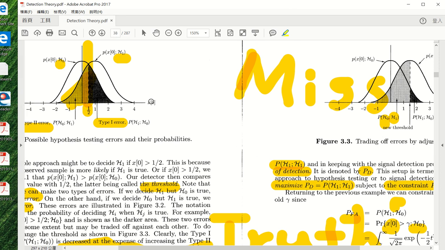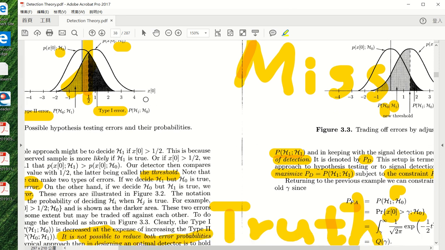So as a result, no matter what the truth is, may it be H0 or H1, it is always possible to have a sample anywhere on the horizon, from minus infinity to positive infinity.